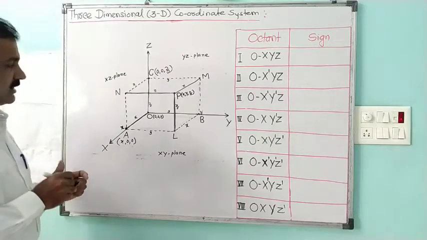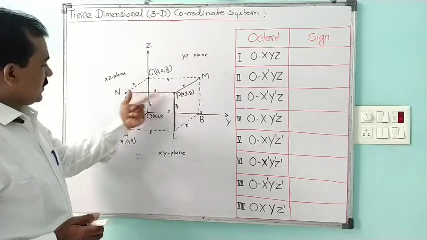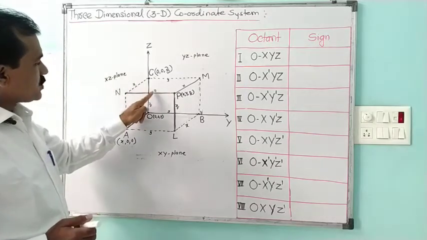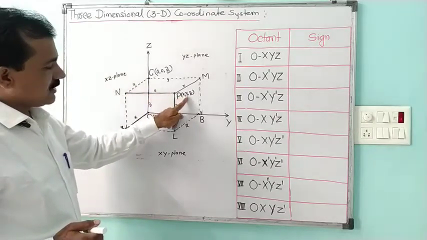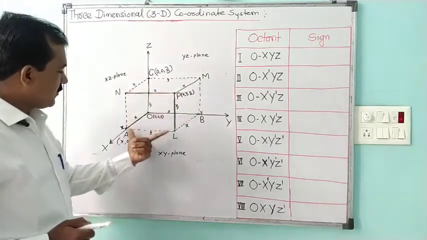Similarly, when we consider the perpendicular PN on this xz plane, whose length is y, that is the second coordinate of the point P. So this length is equal to this length.